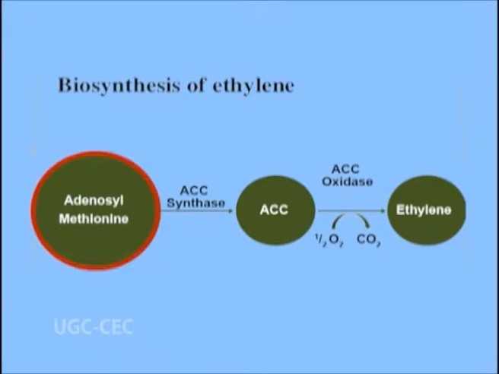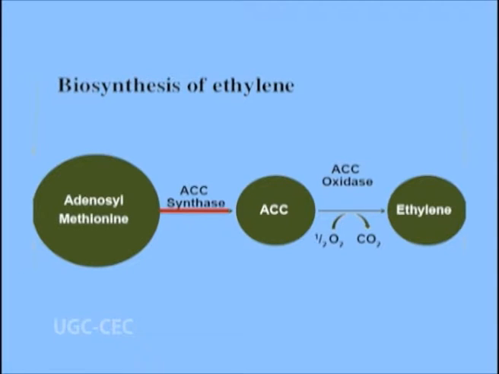Methionine is the precursor of ethylene in plant tissues. It is first converted to S-adenosyl methionine. In the next step, the immediate precursor of ethylene, aminocyclopropane carboxylic acid or ACC, is synthesized.